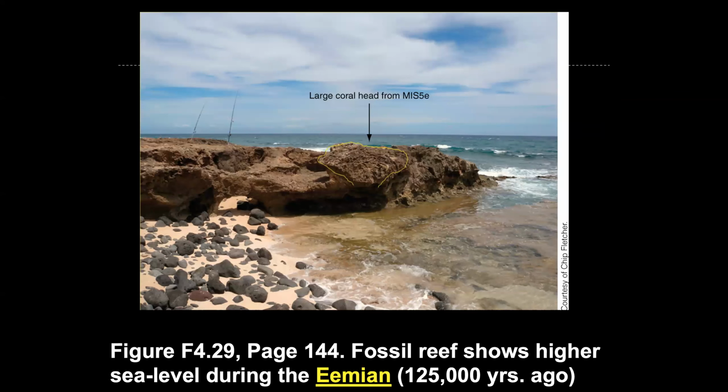But you know, coral has to be roughly 6 to 8 meters below the surface. So what does this tell you? That the water level must have been higher in order for this coral, which is now dead and fossilized, to have been alive. So this is a little bit of evidence telling you where the sea level used to be.